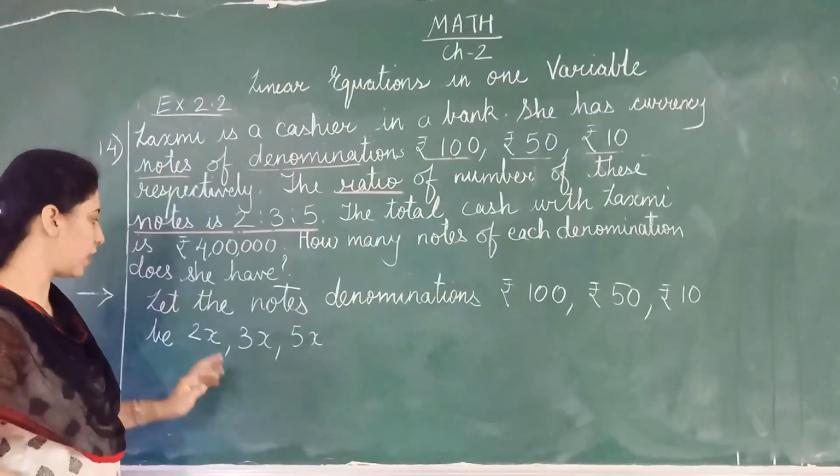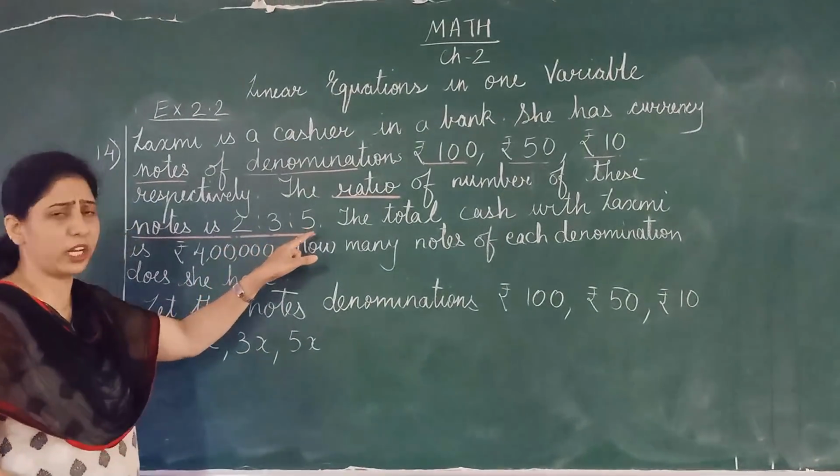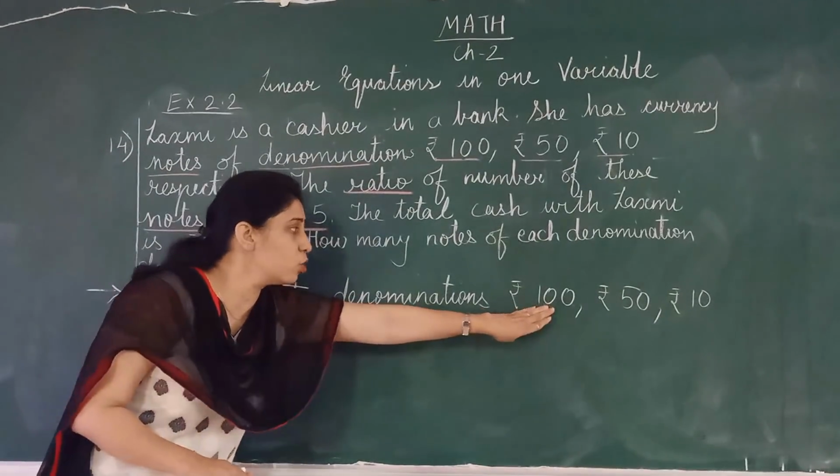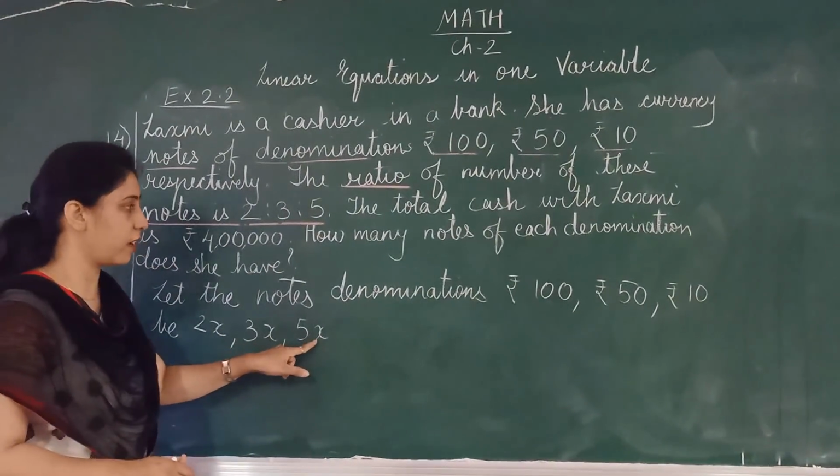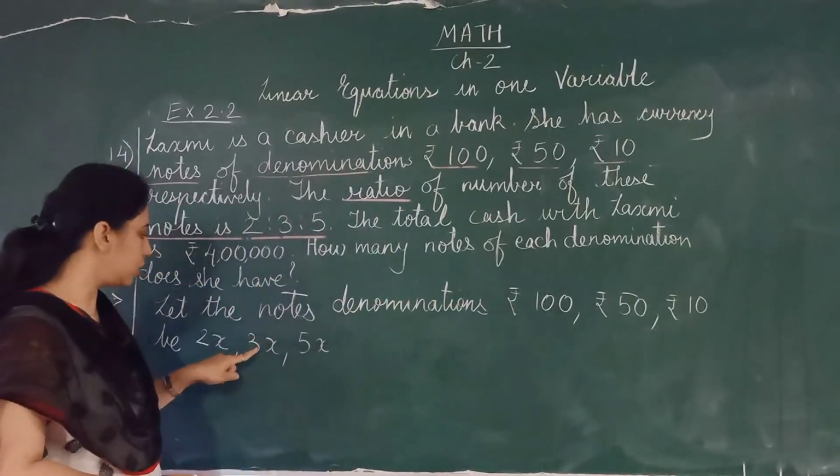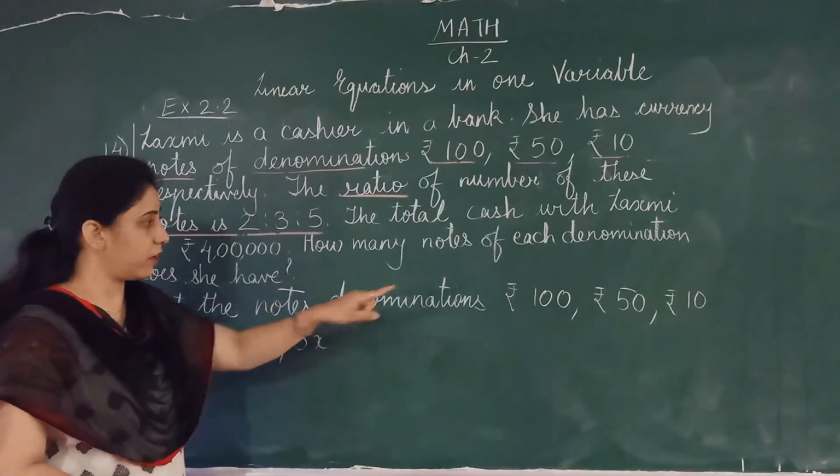Okay, we have to consider that as 2x, 3x and 5x. Ratio is already given. So only we have to consider that these notes will be 2x, 3x and 5x. Means 2x for 100, 3x for 50 and 5x for 10.